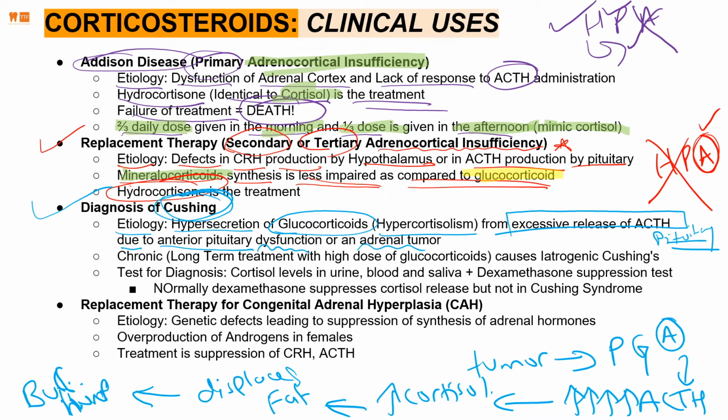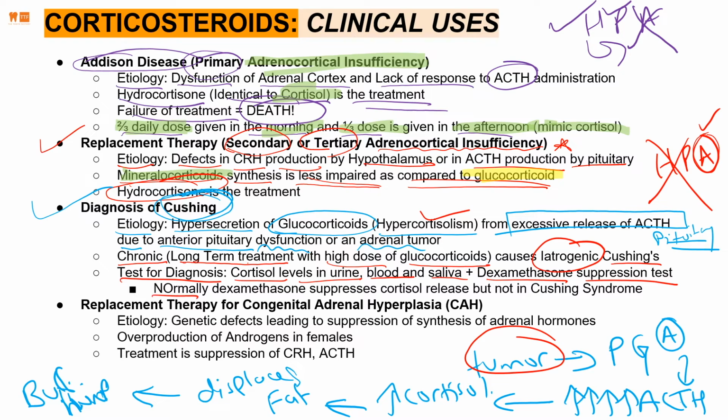Cushing's syndrome can be caused by chronic long-term treatment with high-dose glucocorticoids, or by a tumor. When it is caused by a treatment, it's known as iatrogenic. Otherwise, it's just known as hypercorticolism. For diagnosis, cortisol levels in urine, blood, and saliva are very high, and a dexamethasone suppression test can also be done.